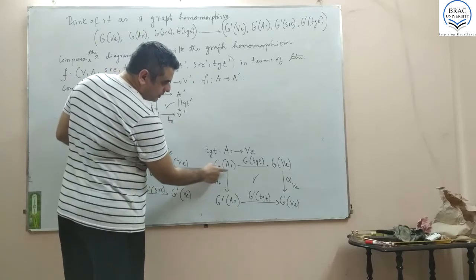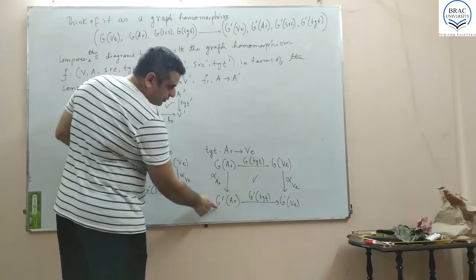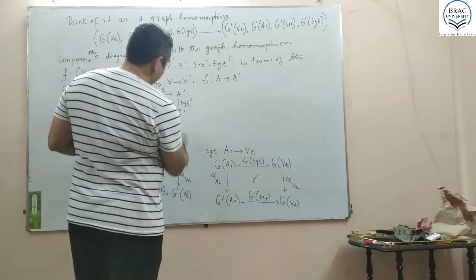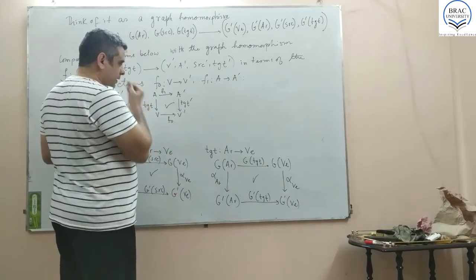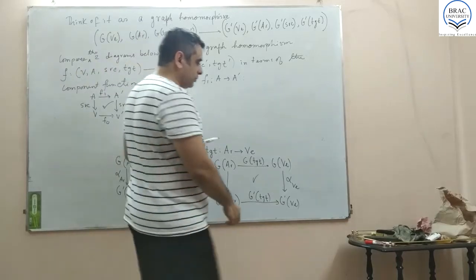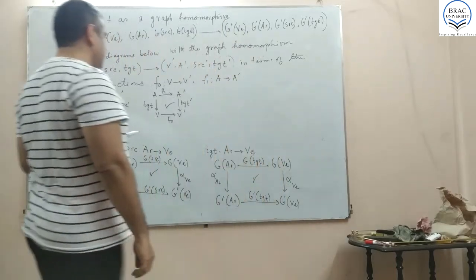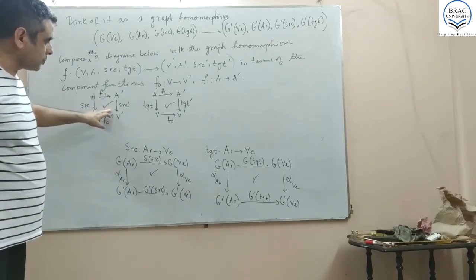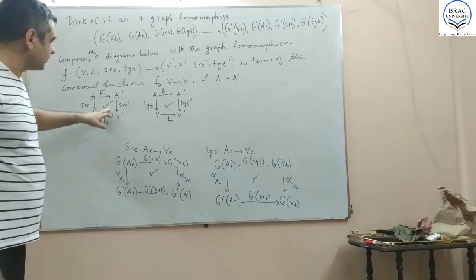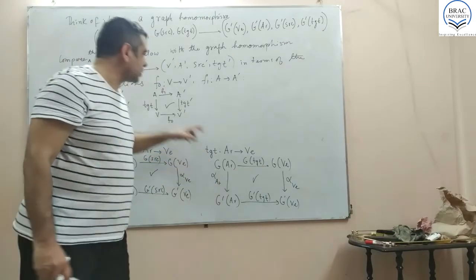This is a set of arrows, this is a set of arrows. So this F1 is synonymous to alpha AR, and F0 is synonymous to alpha VE, and for the other diagram as well. So this is the counterpart of this diagram, and this is the counterpart of this diagram.